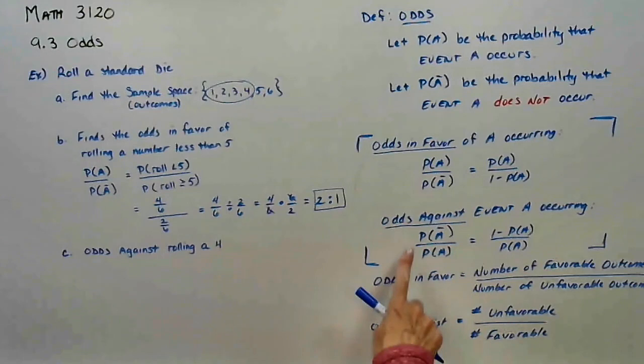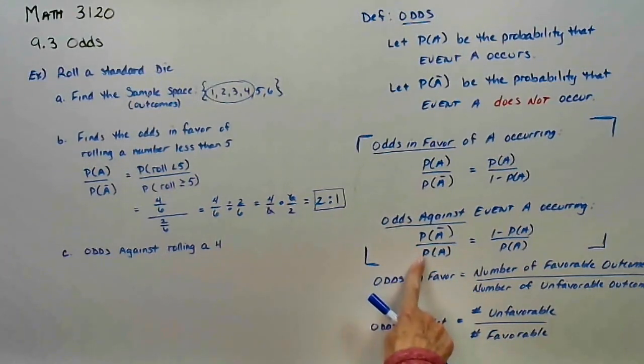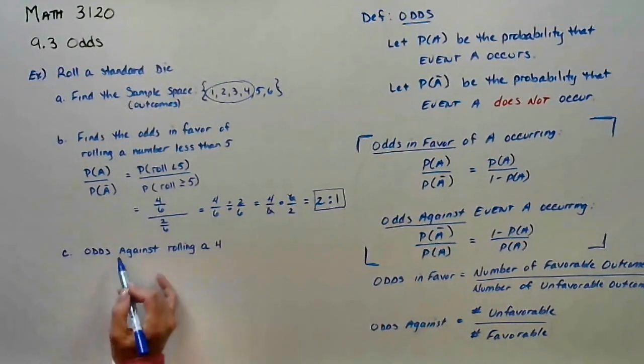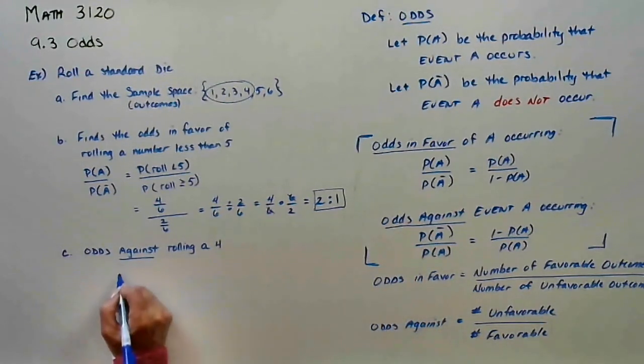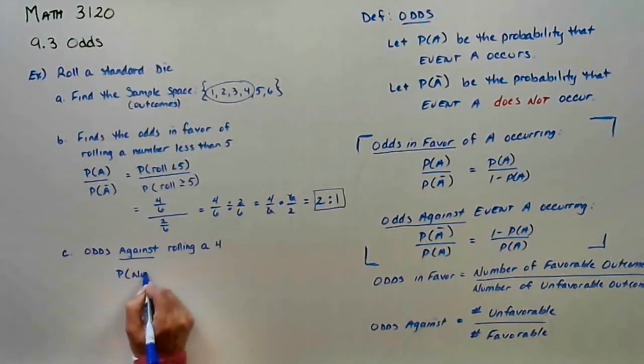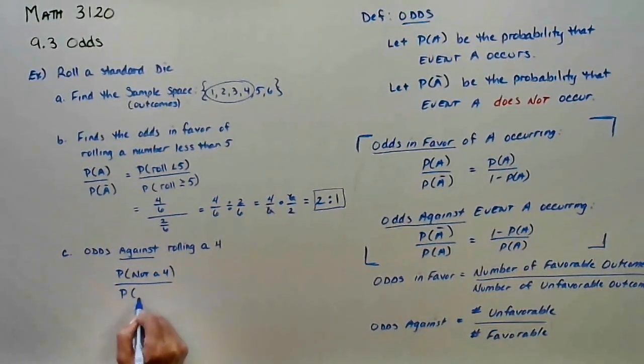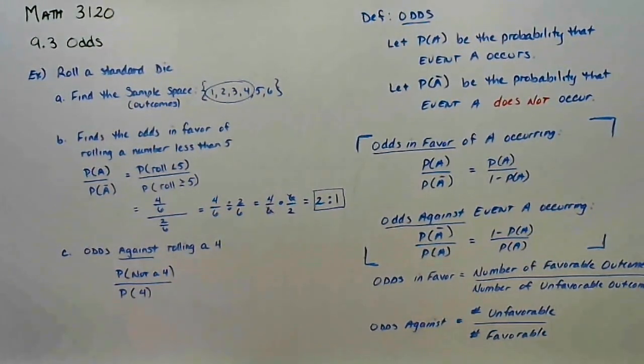So odds against mean we want the complement of rolling a number 4 over the probability of rolling a number 4. Because this time it's against. So that's the same as saying the probability of not rolling a 4 over the probability of rolling a 4. Because against, remember, talks about using the complement.